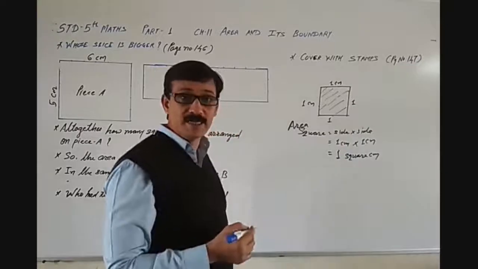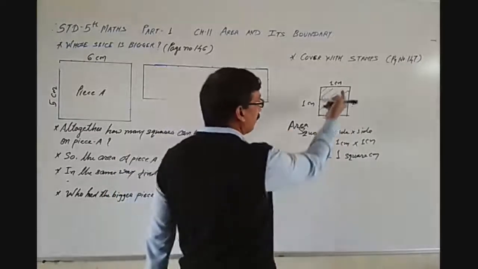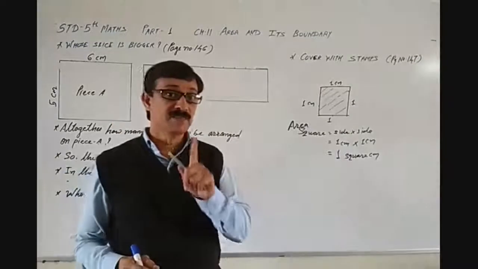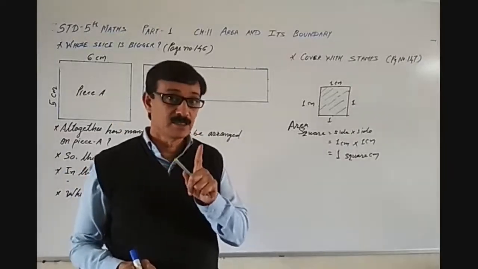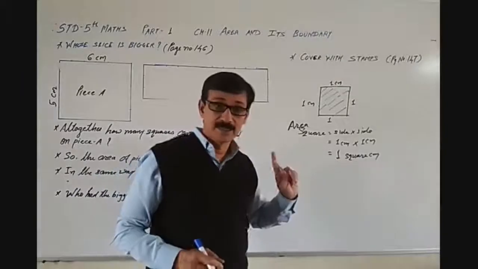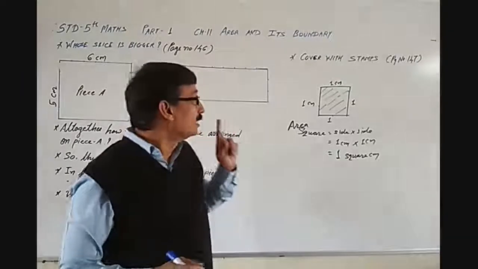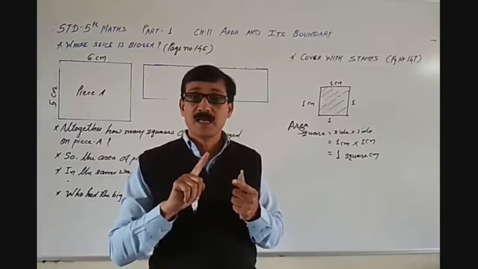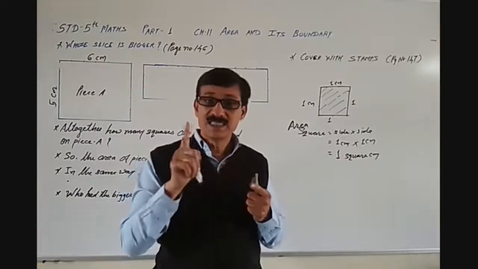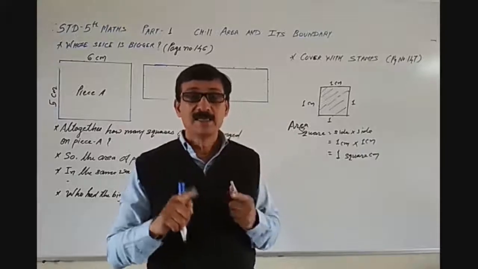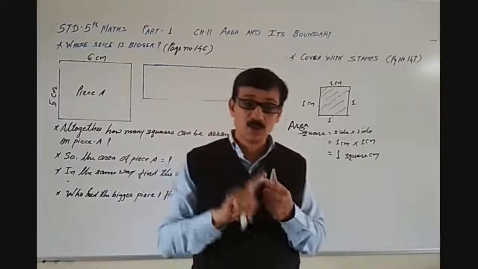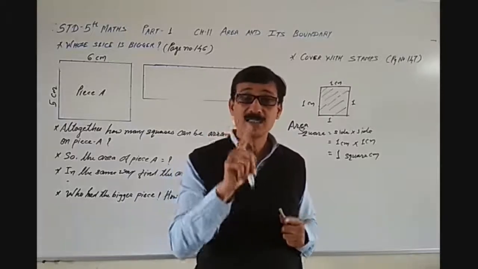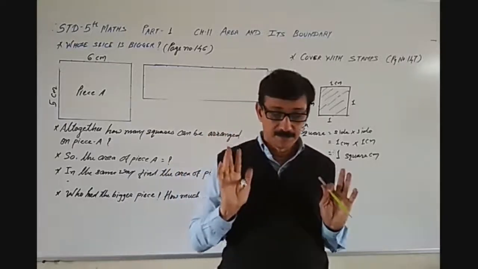So the boundary is 4 centimeter, but the area is only 1 square centimeter. So if there is a square and its sides are 1 centimeter each, then the area of that square is 1 square centimeter. Remember, 1 square centimeter.